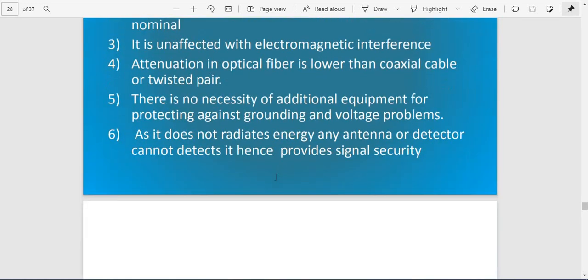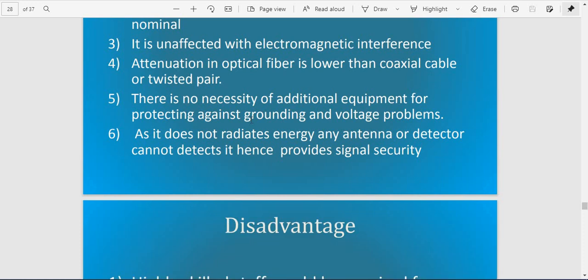There is no necessity of additional equipment for protection against grounding and voltage problems. There is no problem with voltage and no problem with ground. We don't need to put additional equipment if the voltage suddenly fluctuates or is not proper, as it is not going to affect the equipment.